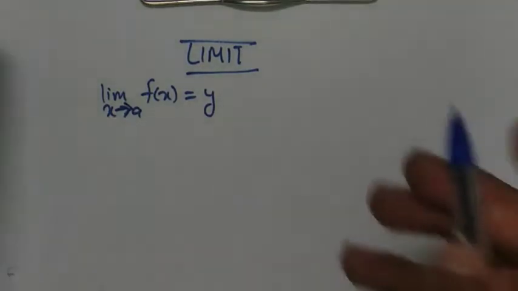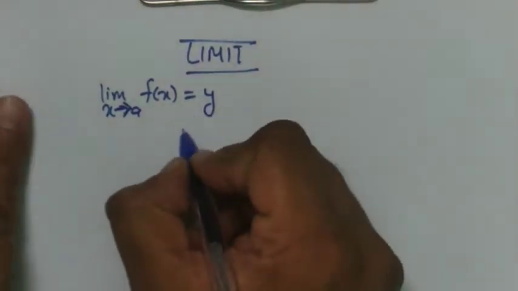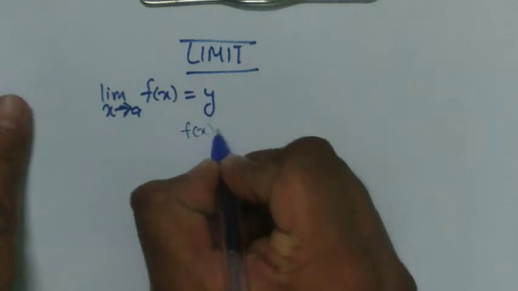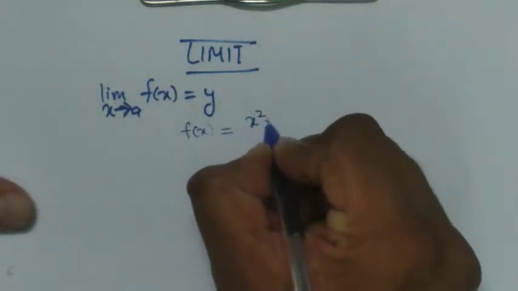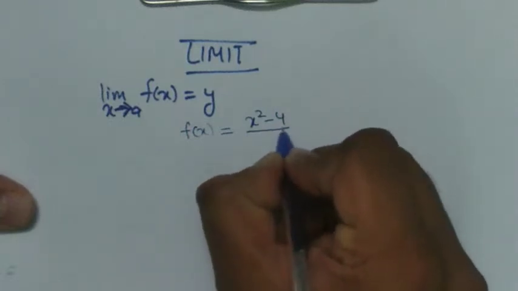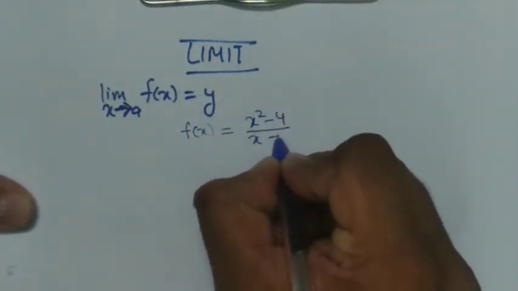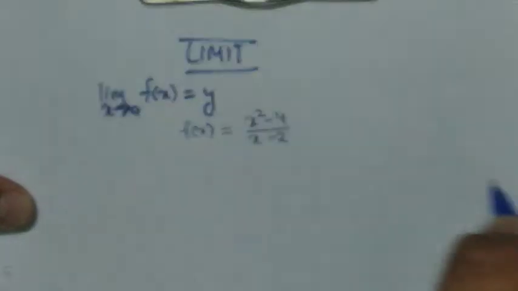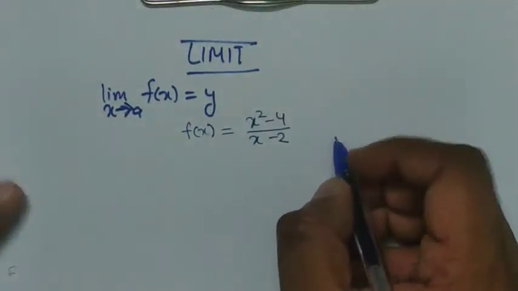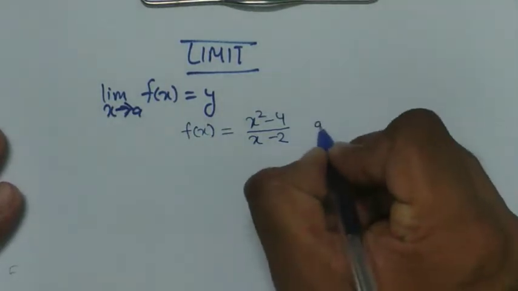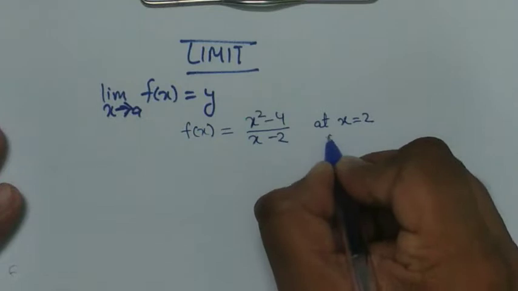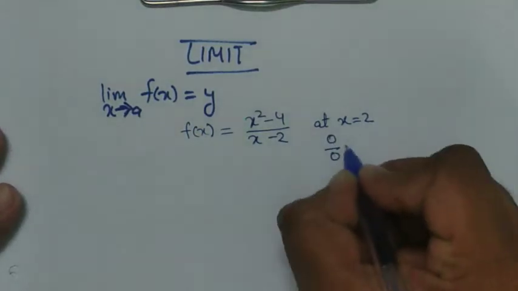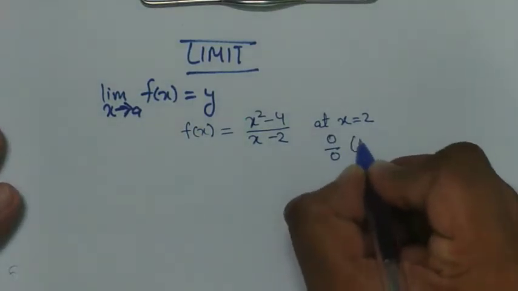To understand this limit, let us consider a function f(x). Suppose this function f(x) is equal to (x² − 4)/(x − 2). Now see, the value of this function f(x) at x equal to 2 will be 0/0, which is an indeterminate value.